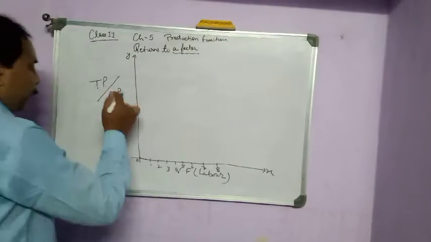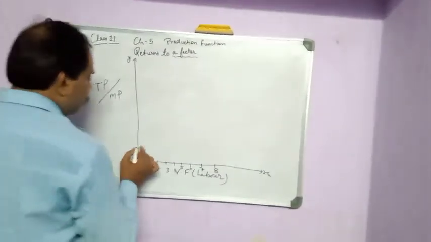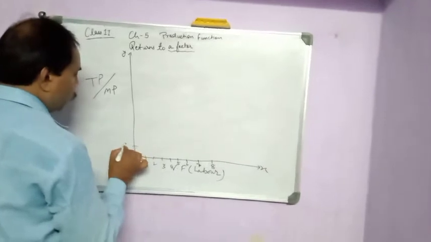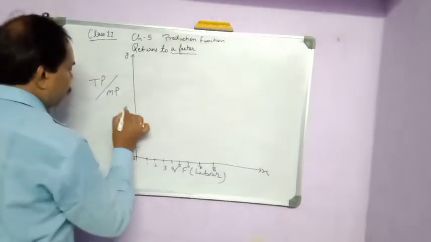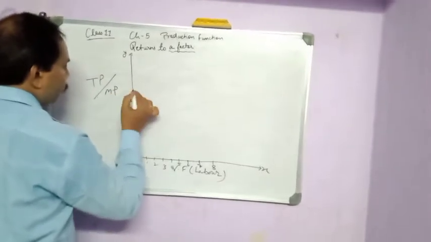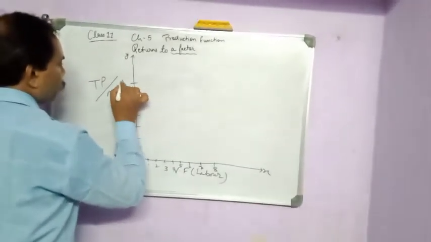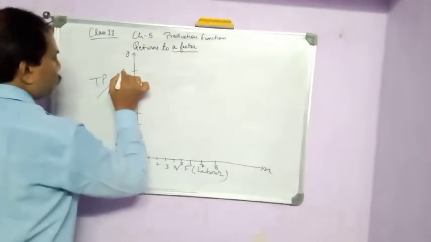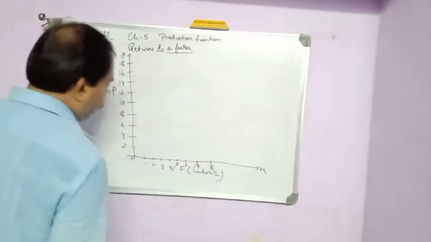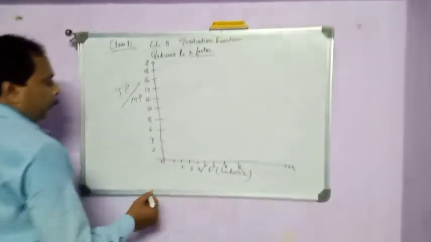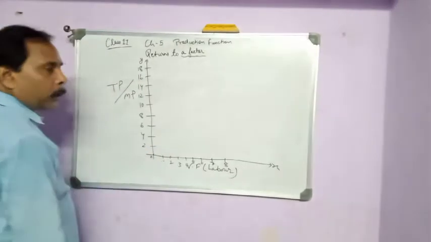Clear? And here the total production is, suppose, 2, 4, 6, 8, 10, next 12, next 14, next 16, next 18. Okay, so if there is no variable factor, it means there is no production.